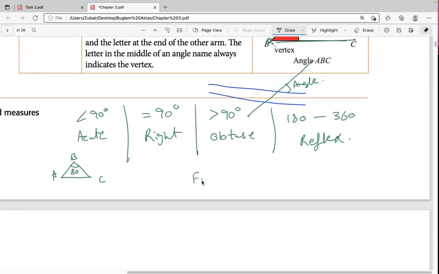Now the examiner would say find the reflex angle ABC. 280? Correct. So these are the terms and these are how they're used.